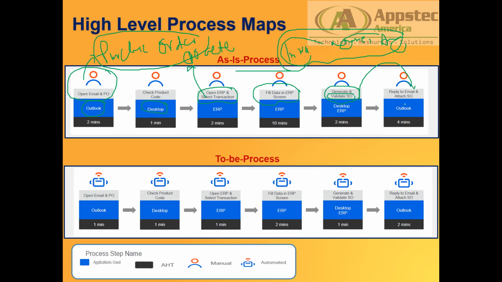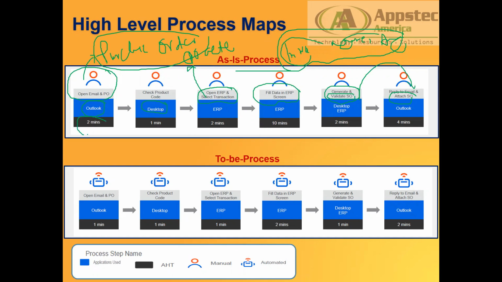I am attaching this system order back into the Outlook email and sending it to the sender who has sent it to me. So that's an overall typical PO process, right? You receive an order through an email, you understand what the order is from the invoice, you enter the details in the ERP, you make a system entry, you generate the receipt, you send it out. That is the as is process.